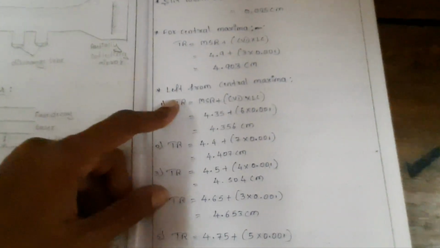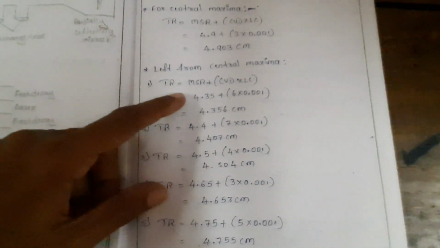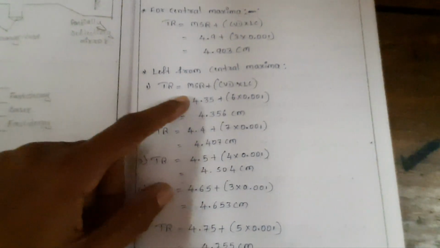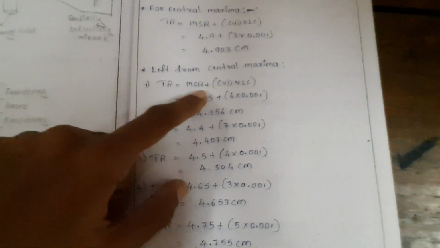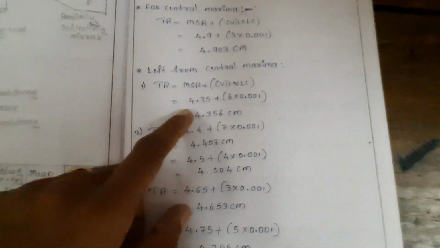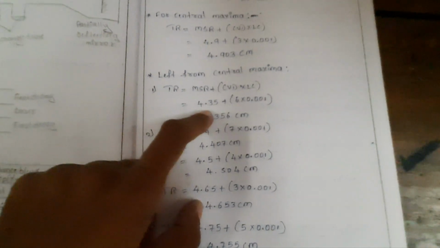Here I will show you an example for the calculation of total reading from the traveling microscope. Total reading is equal to MSR plus CVD into least count. So whatever MSR value you have, you should put here.